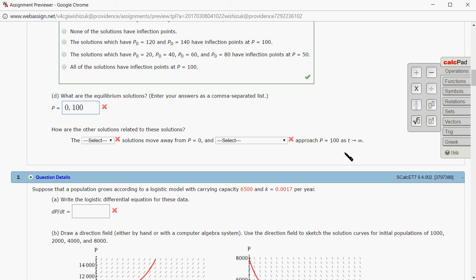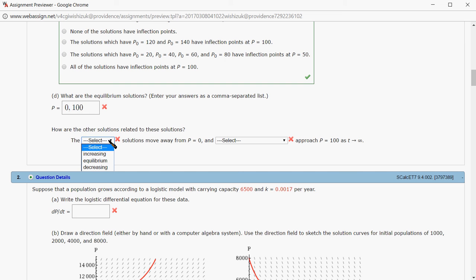And how are the solutions related to these solutions? It looks like they move away. So increasing solutions move away from P equals 0, and all non-zero solutions approach P equals 100.